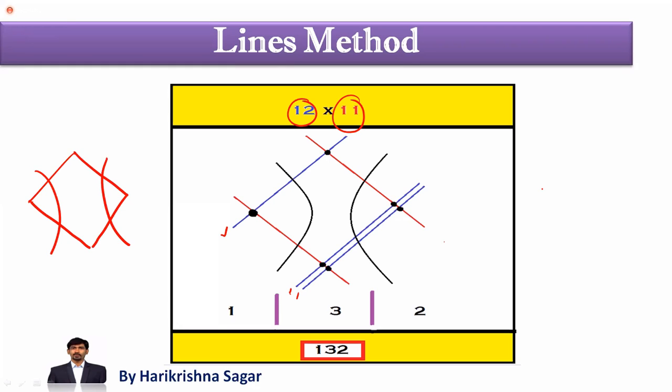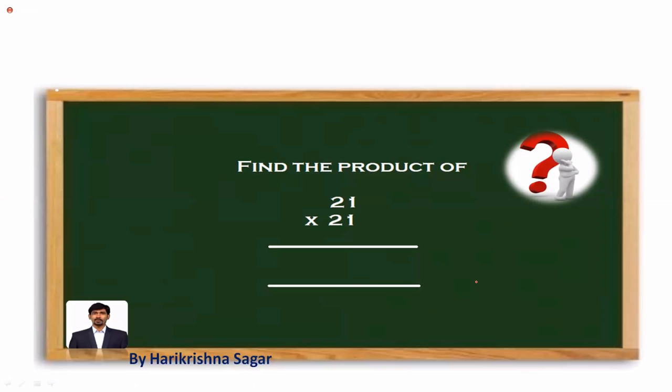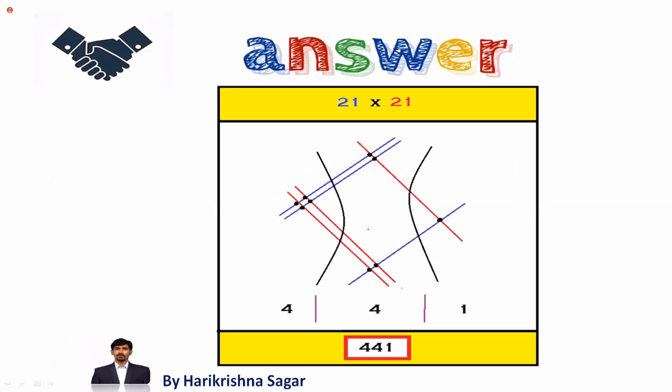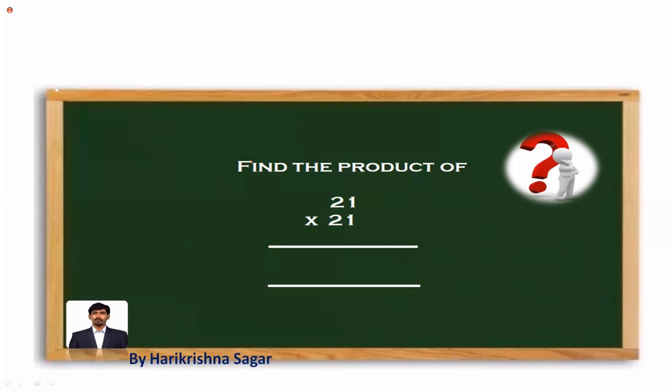But let's try to observe the answer for one more question. I'm projecting one more question for you. Please tell me the answer choice for it. Yeah, 2-digit multiplication. Just understand that the question is 21 into 21. Can you tell me the answer choice for 21 into 21?